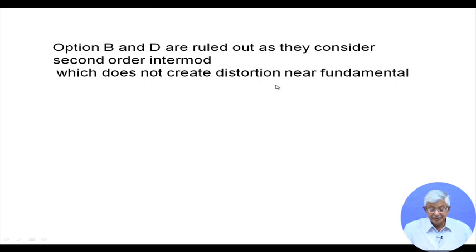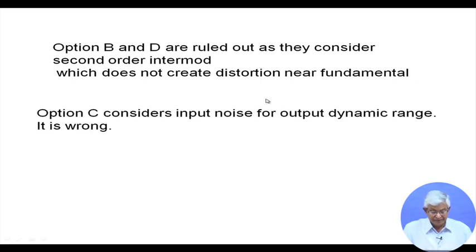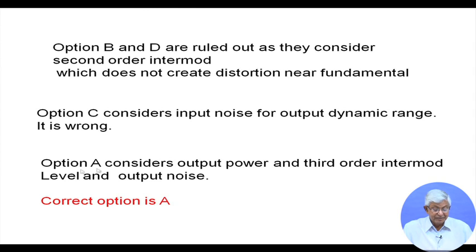It does not create distortion near the fundamental, so spurious will not come in the fundamental. Option C considered input noise for output dynamic range, that is wrong. Option A considers output power, the third order intermod level and the output noise. So, the correct option is A, and diagrammatically also we have seen it is option A.